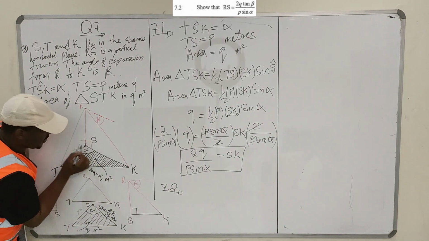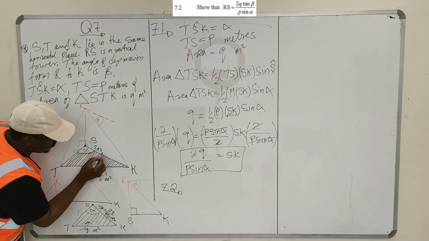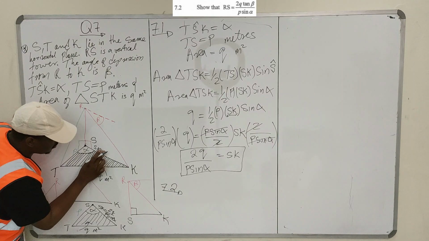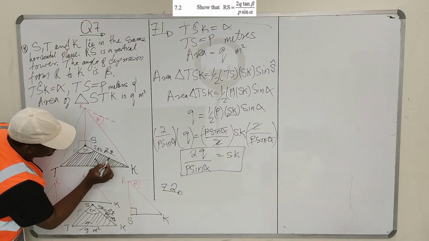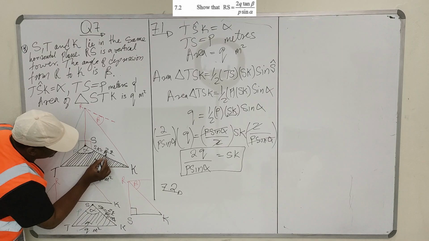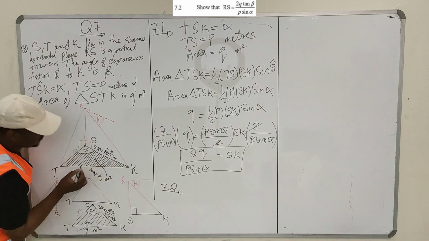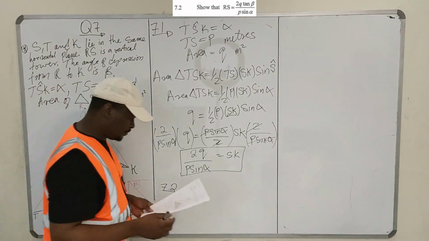So this length over here, SK, is equal to 2Q over P sine alpha. Done. That is your SK. No problem. So we move now.